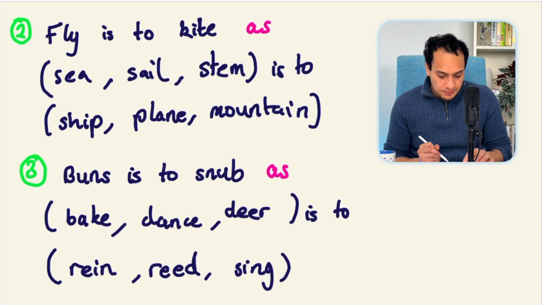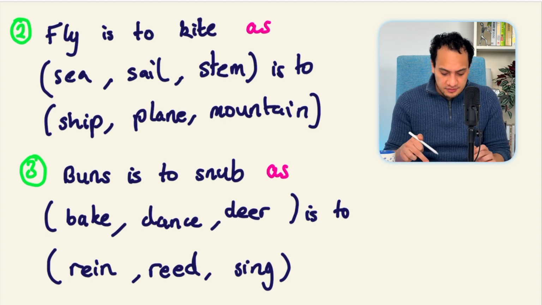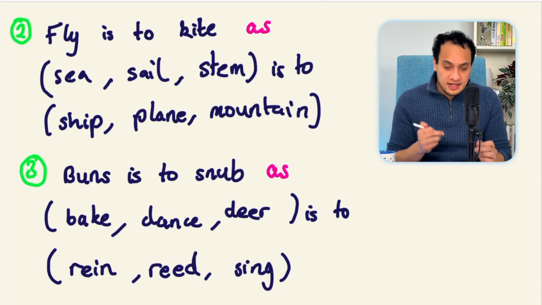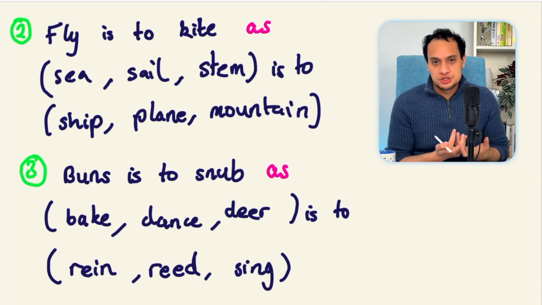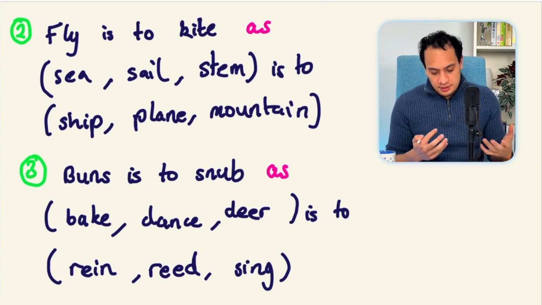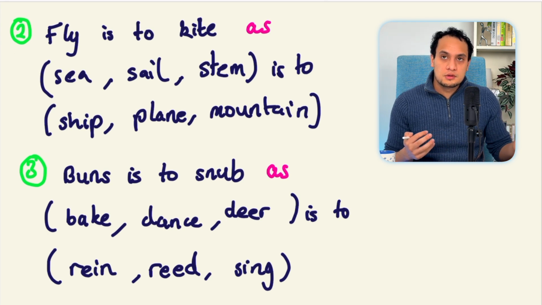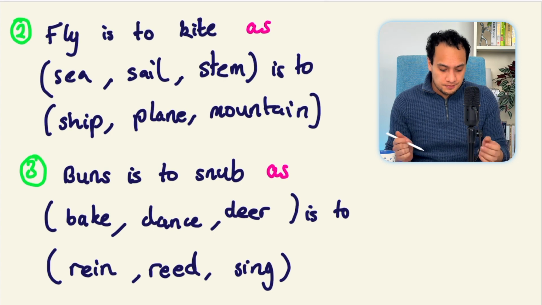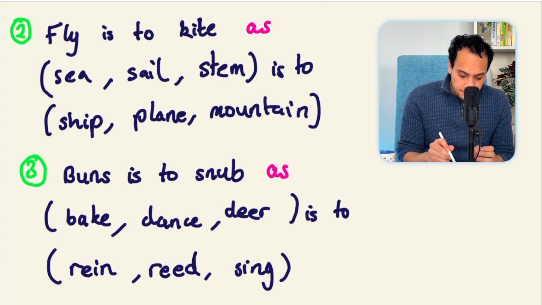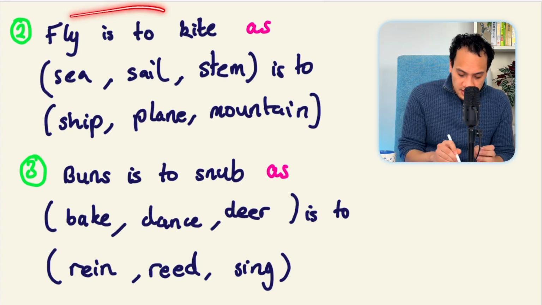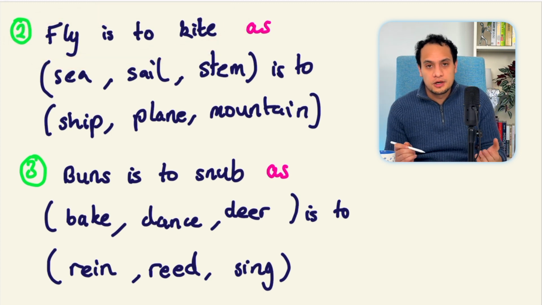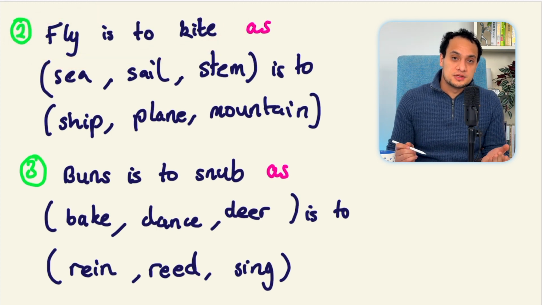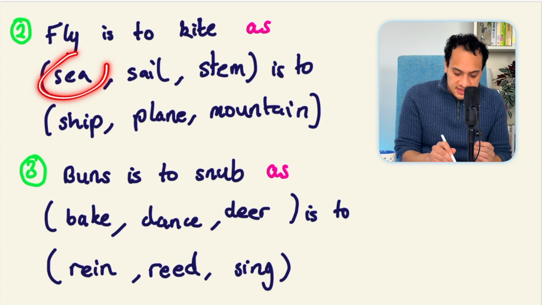Let's go to the next one. This is another style that I've seen, where they present the initial relationship and then you've got to find the relationship in the next one that matches. So first of all, you've got to think about this. Fly is to kite. Well, fly is a verb associated with a kite. So you've got see, which is a noun.